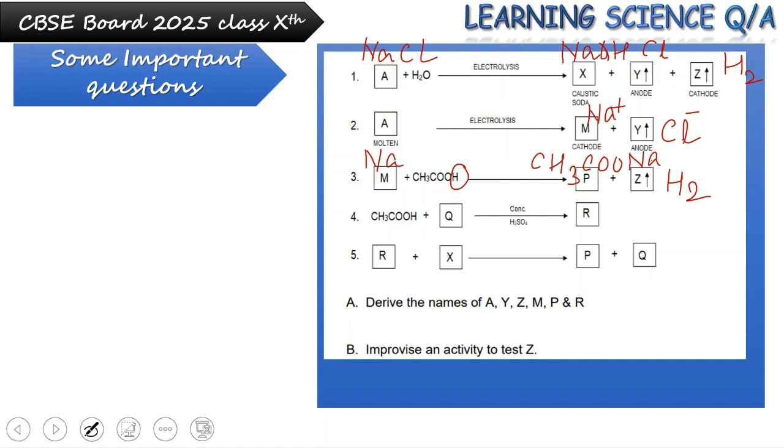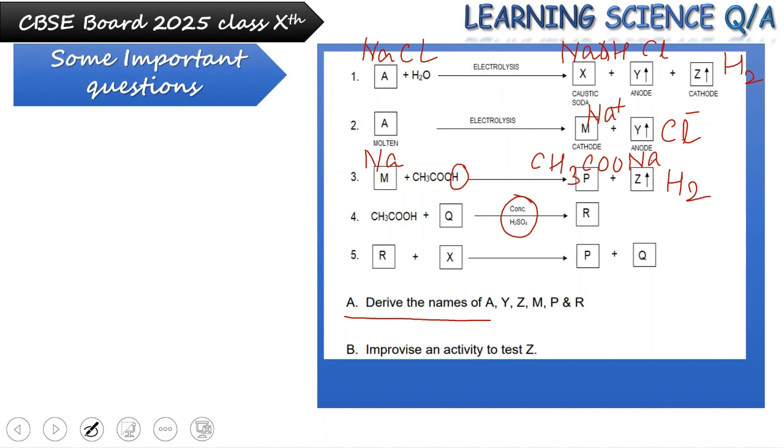Students, we need to know the names of these compounds also, because we need to derive their names in the second part. So when acetic acid is combining with another reactant Q in presence of concentrated H2SO4, it is producing R, and this R in presence of X is giving us P and Q. So let's see the reactants that we already know from the above reactions.